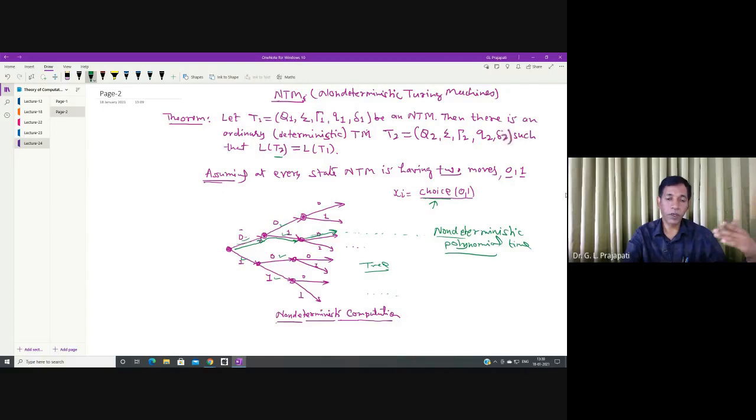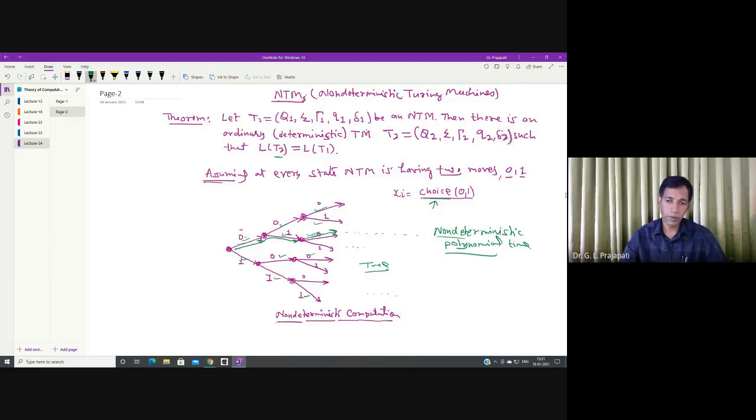Then it can perform all possible three moves. So it is going to find the solutions level by level, and in this way you guarantee that when your NTM halts for some input, your deterministic Turing machine can also halt. So the job of the deterministic Turing machine is to search in the tree.